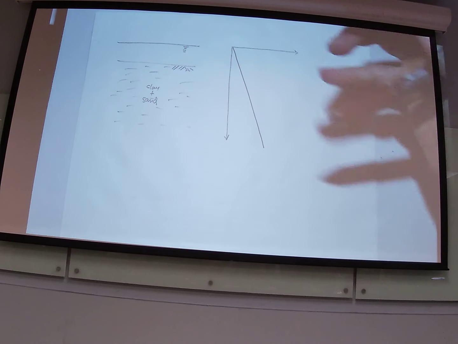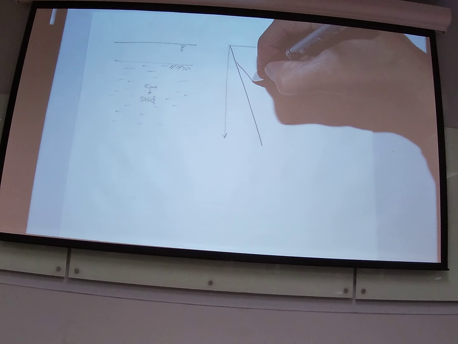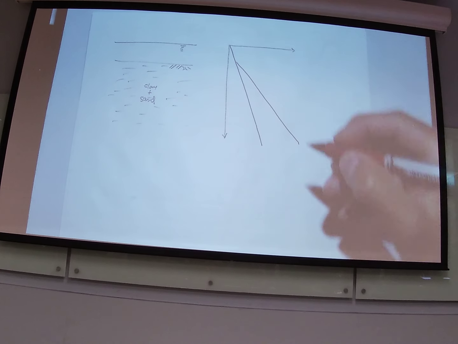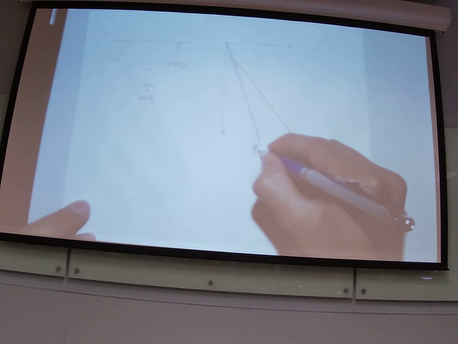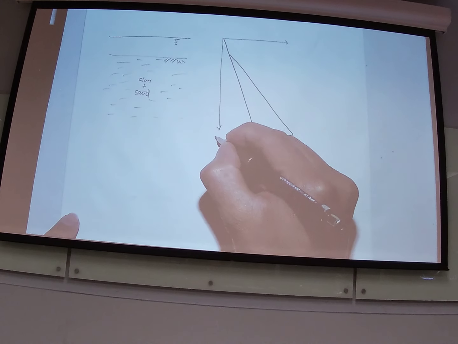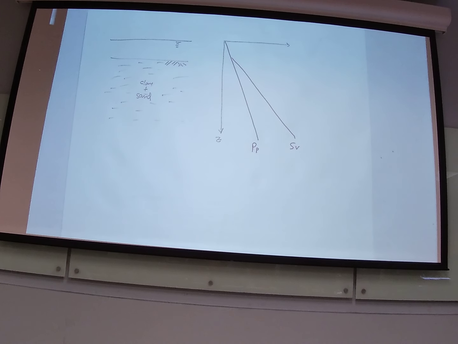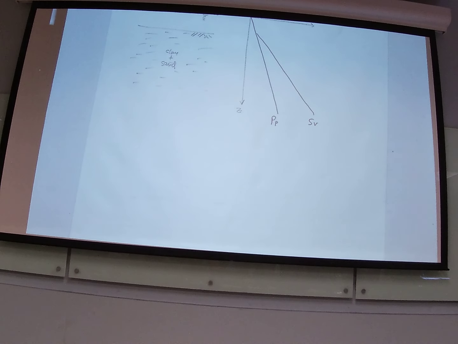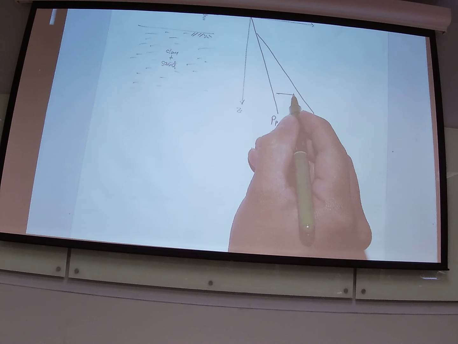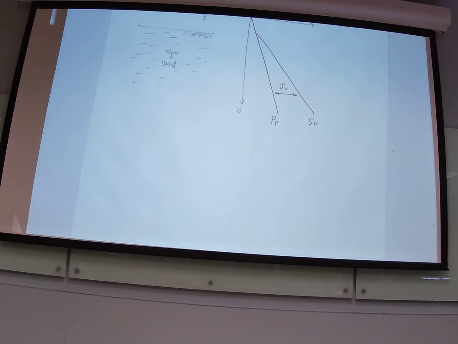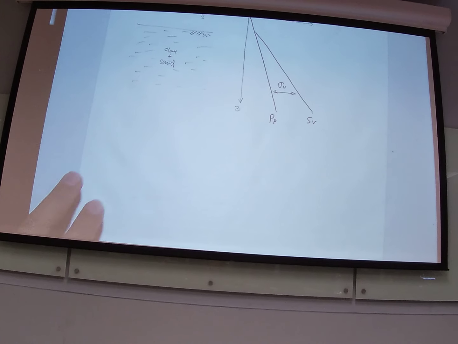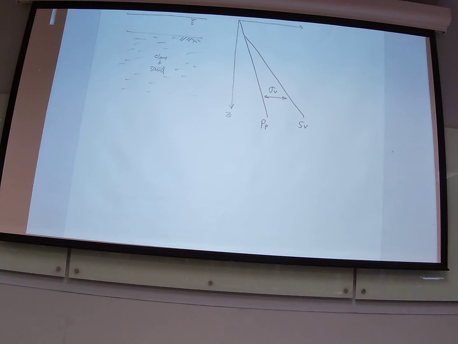We have the total vertical stress, and the difference between total vertical stress and pore pressure is what is called effective stress, and we said that's what makes the rocks get more compacted and more consolidated.